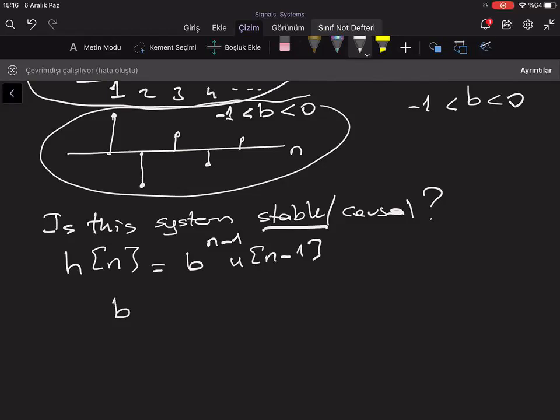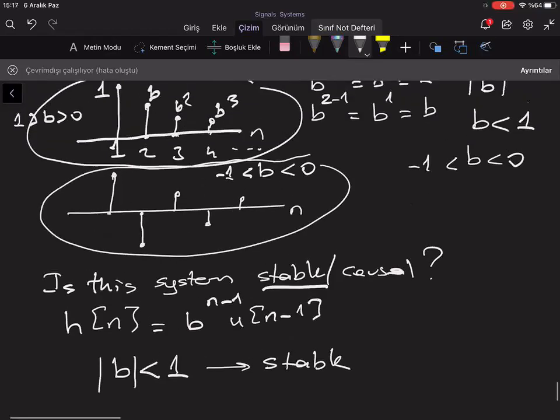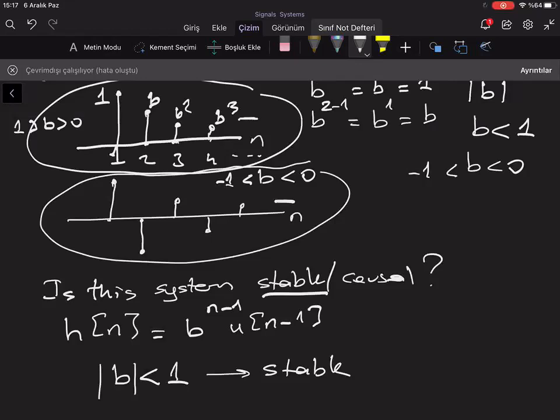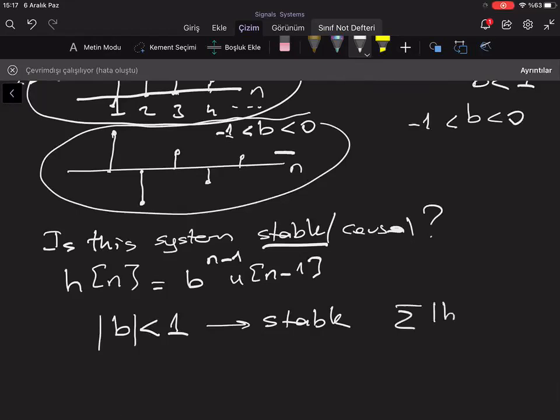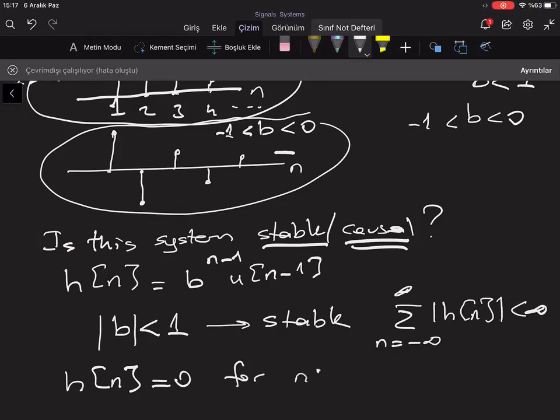If the absolute value of b is less than 1, then the system would be stable, because the sum of h(n) would converge to one value and be less than infinity. And the system is causal, whatever b is, because h(n) is 0 for n less than 0.